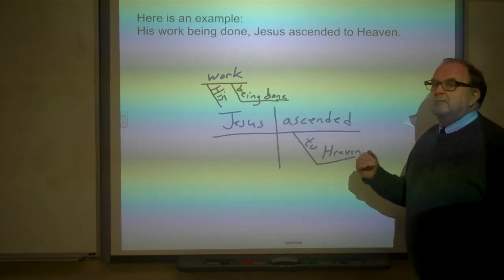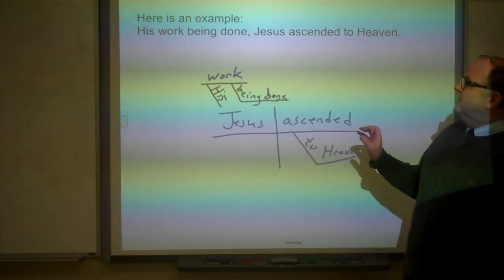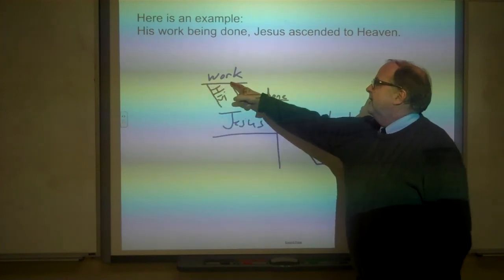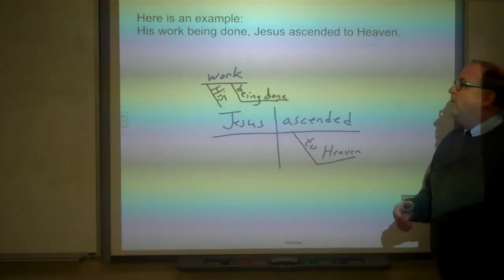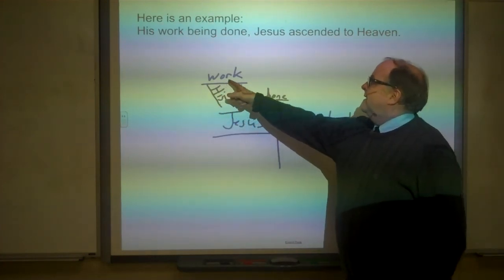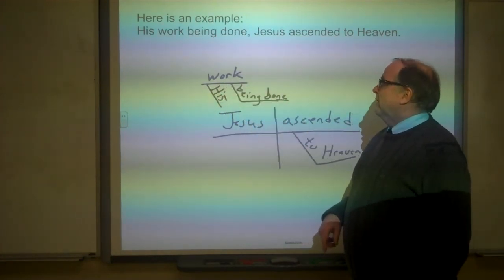It doesn't really have a grammatical relationship with the rest of the sentence, and that's why it's a nominative absolute. Nominative means noun. The noun goes on the horizontal line, work.